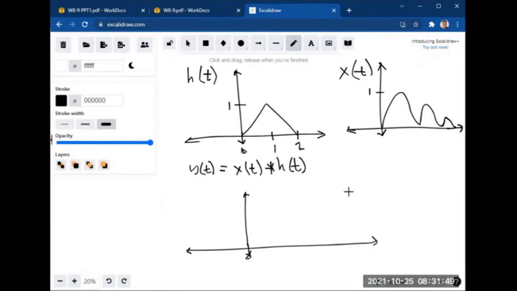For this type of input, our earlier example is a pulse signal. For this type of input, which is a continuous signal, remember our discrete signal, we can divide this into pulses like this.